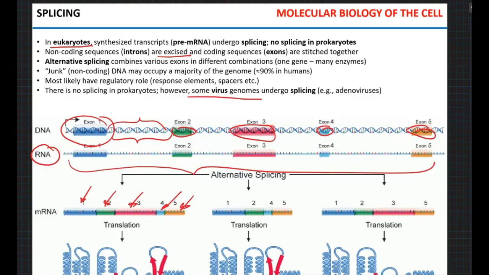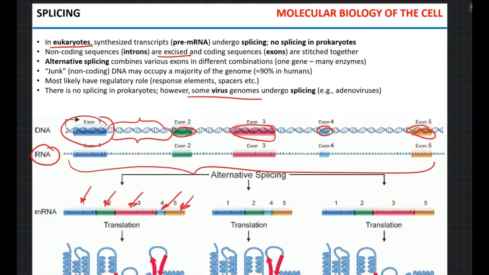Does it make sense? So again, splicing happens in all eukaryotes, but interestingly, it was discovered in viruses, in adenovirus.